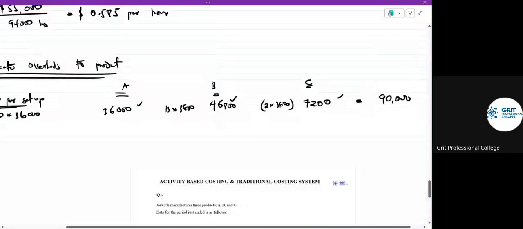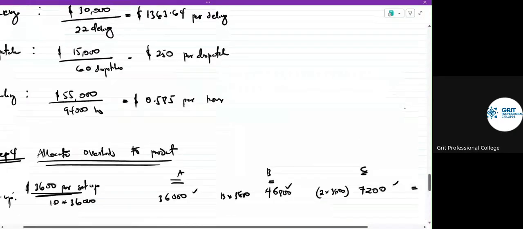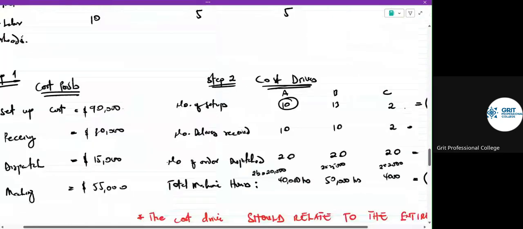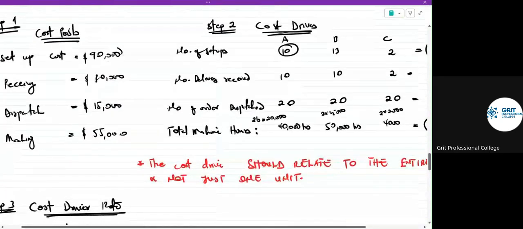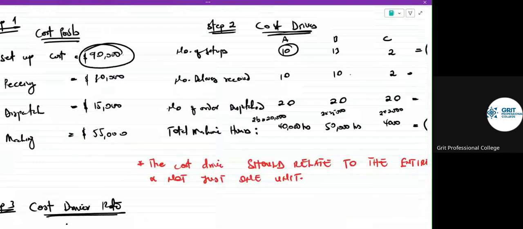And where is this 90,000 coming from? It is just the total overhead cost. So what we have just done is that we have shared this total 90,000 for the three products using the cost driver rate, the way we do the absorption.